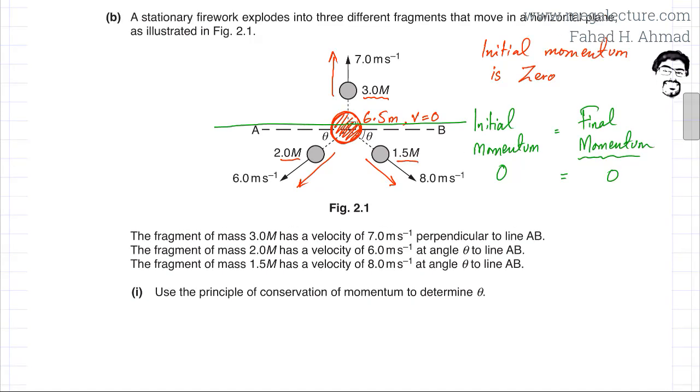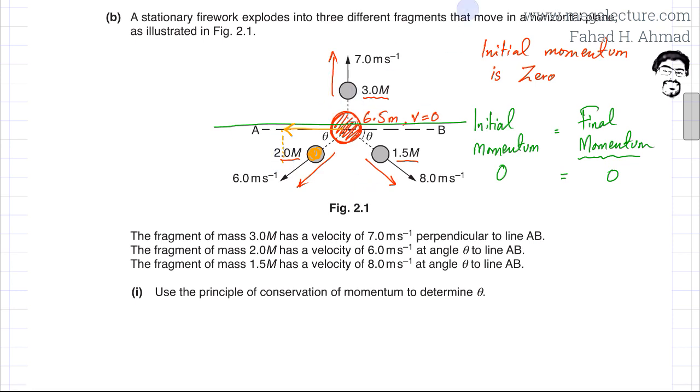So let's look at the horizontal component of one of the particles. This particle over here, in orange, is traveling at 6 meters per second in this direction. I'm going to mark its horizontal component. We make a triangle, and this line over here completes that triangle.